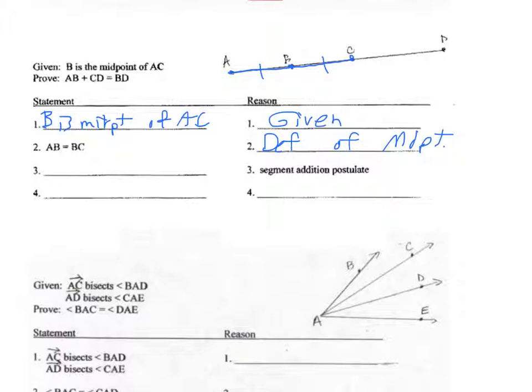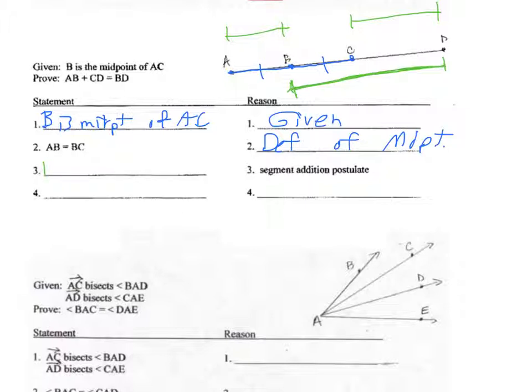Now, we also have a segment addition postulate. And again, I didn't mention this, but what are we trying to prove? We're trying to prove that AB plus CD equals BD. So BD, this segment right here, is what we're going to look at.